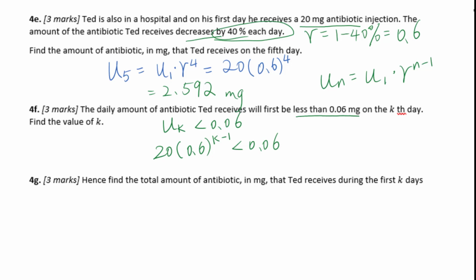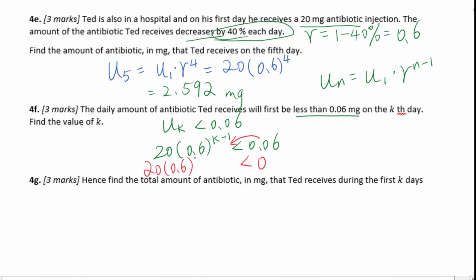We will use the equation solver to figure out the solution. Get it into less than 0 form first. Move 0.06 to the left side: 20 times 0.6 to the k minus 1 power minus 0.06.